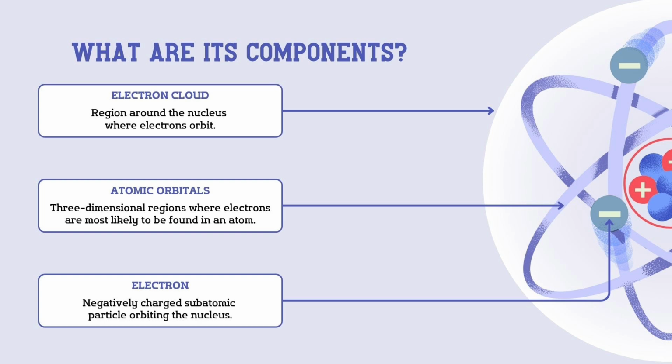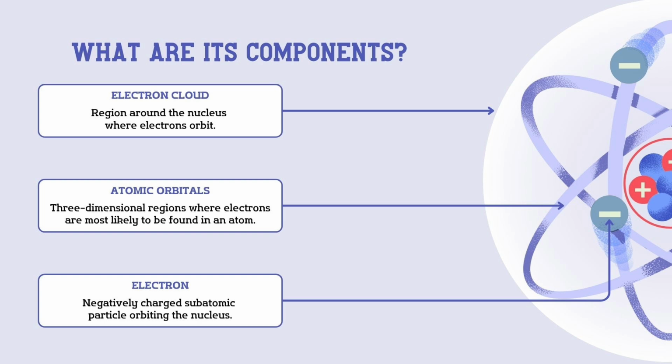Within this electron cloud, electrons reside in specific three-dimensional regions called atomic orbitals. These orbitals are not fixed paths but represent the probability distribution of finding an electron at a given point in space. They come in various shapes and energy levels, influencing the atom's chemical properties.